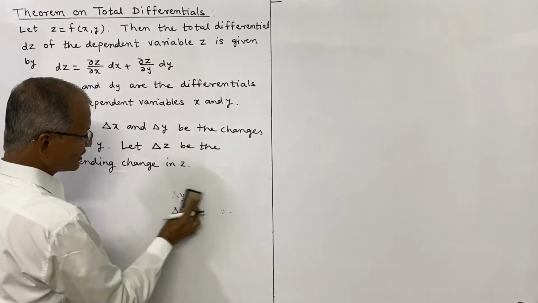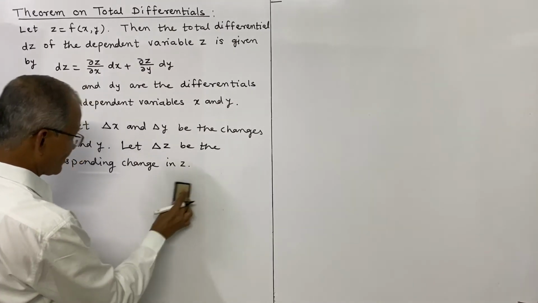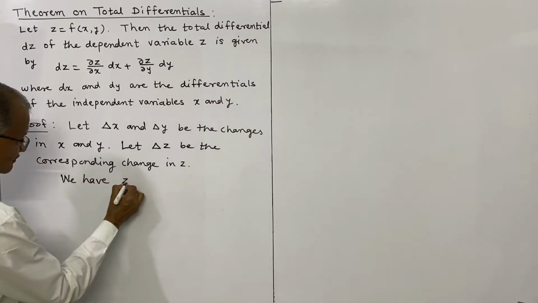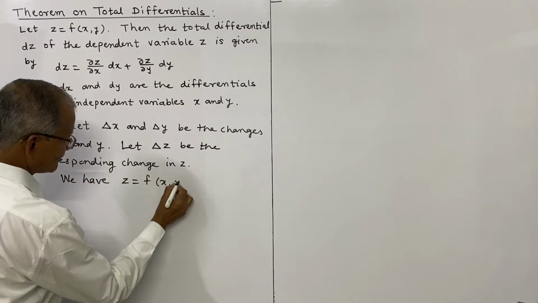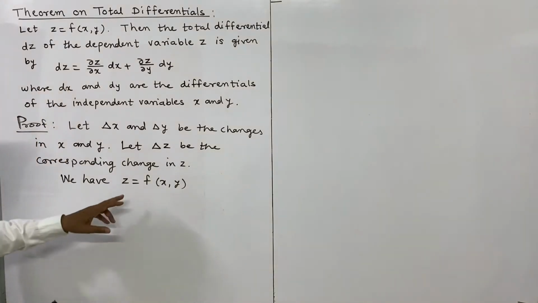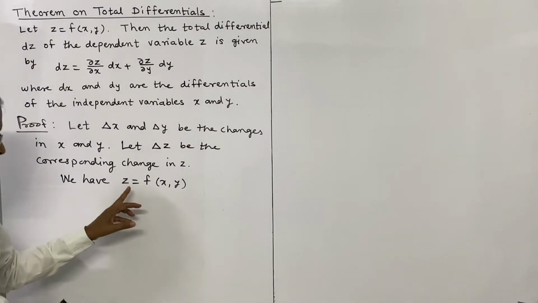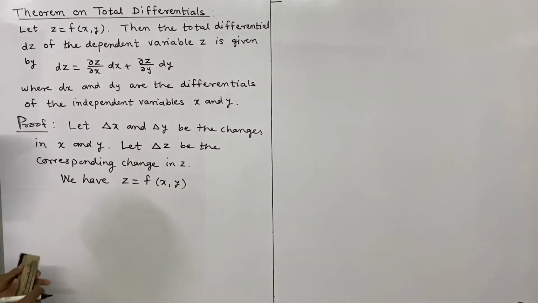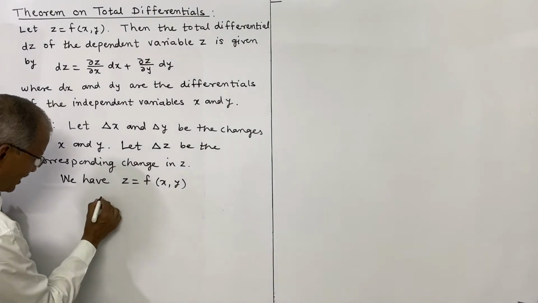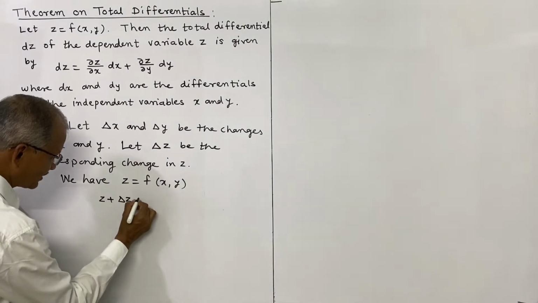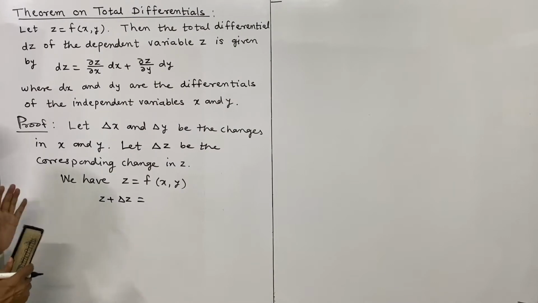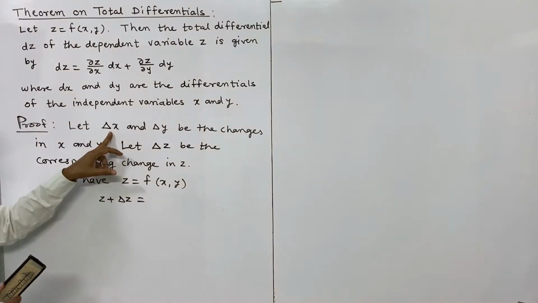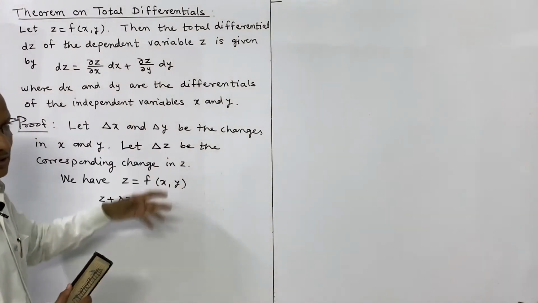Now we have z is a function of x and y. Now we will add the increments or changes in each variable. We have denoted delta z as the change in z, and therefore we add the change here: z plus delta z. But when z changes, delta x is the change in x and delta y is the change in y.